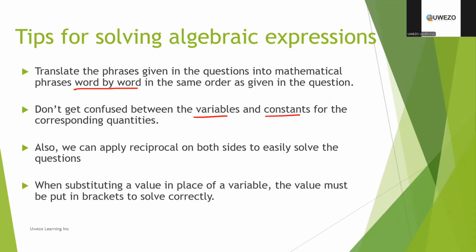Just like we add, subtract, multiply, and divide on either side of an equation, sometimes we could also take the reciprocal, which would help us solve the question easily. And whenever you are substituting a value in place of a variable, please hold it in brackets, which is very important. With and without the brackets, the expressions would lead to different answers. So please be careful.